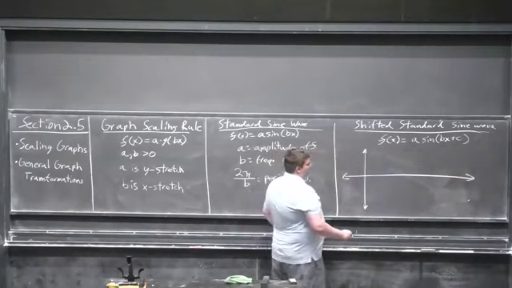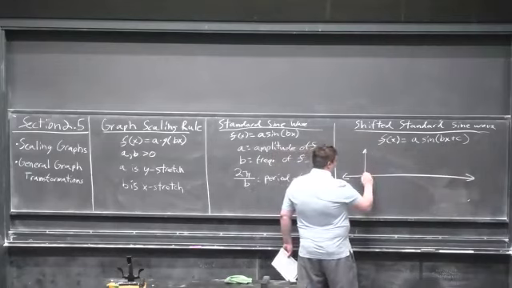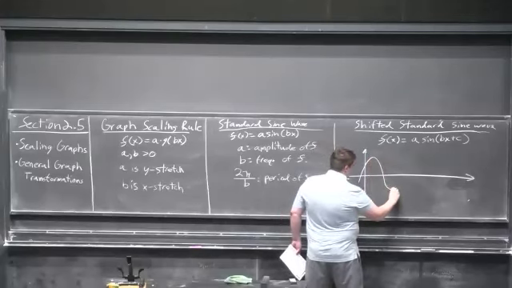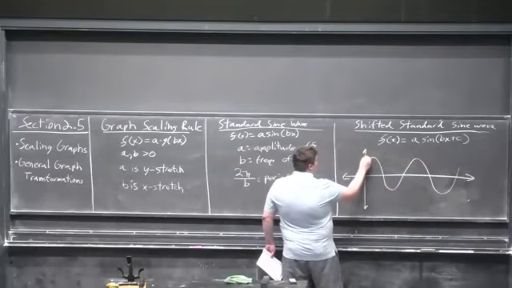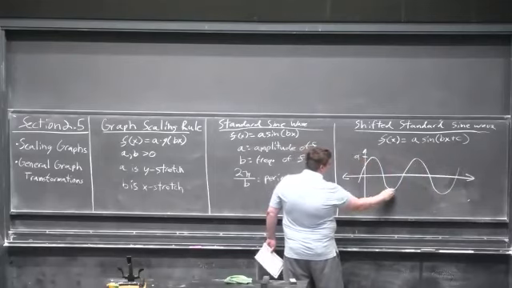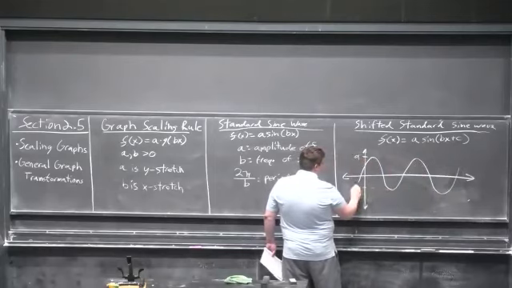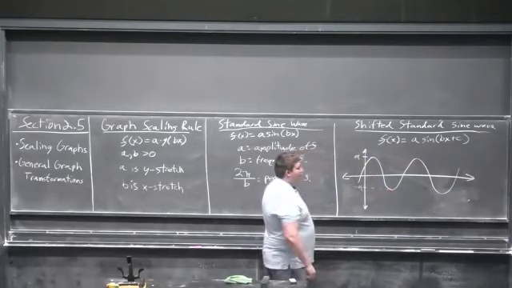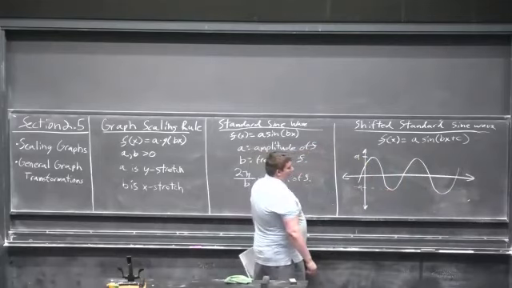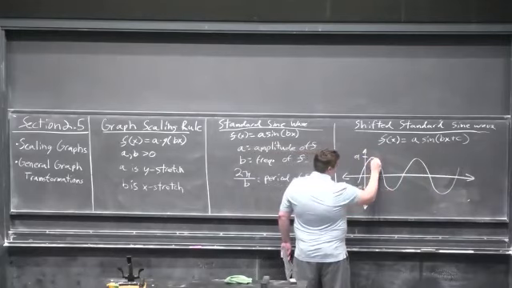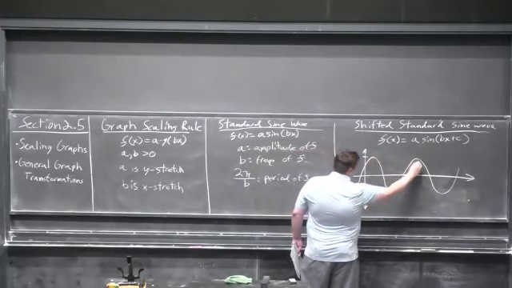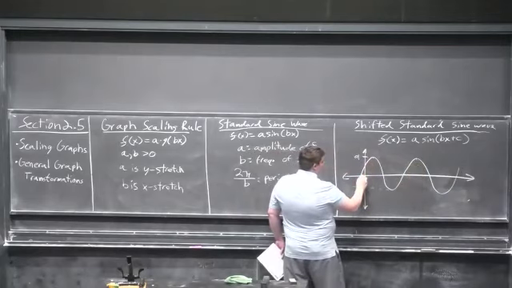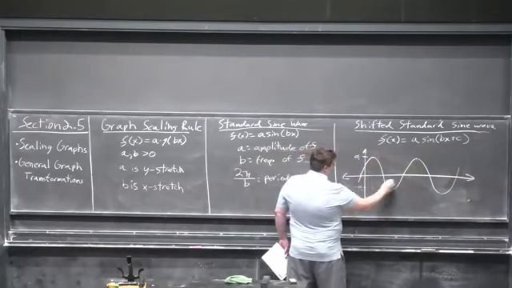And so we can see that if I was to draw some sort of function that went like this, we'll have the absolute maximum and absolute minimum be a and negative a respectively. We're going to have a period that would be defined by this point here, or more accurately, this point to this point.